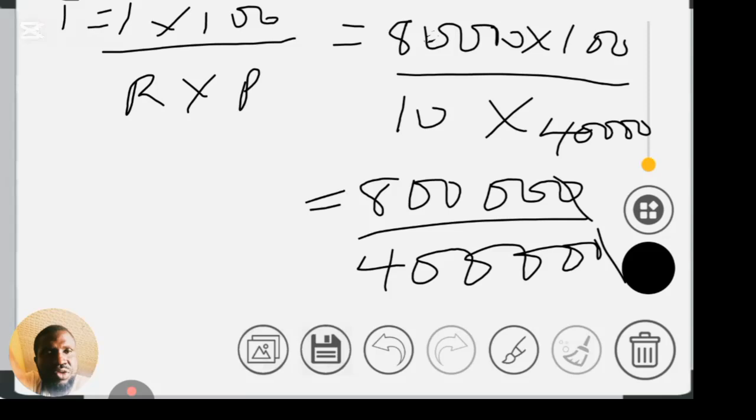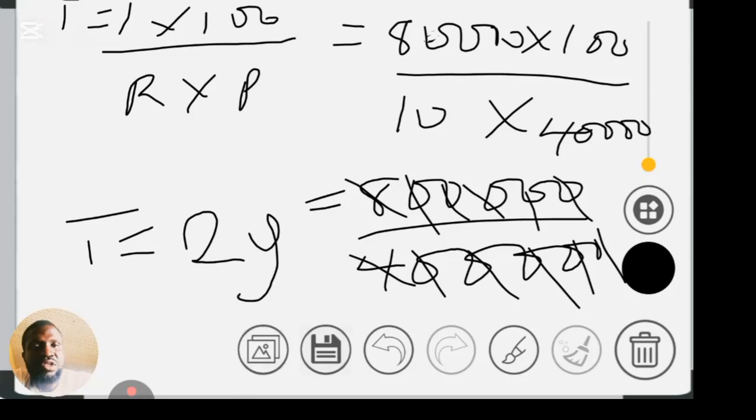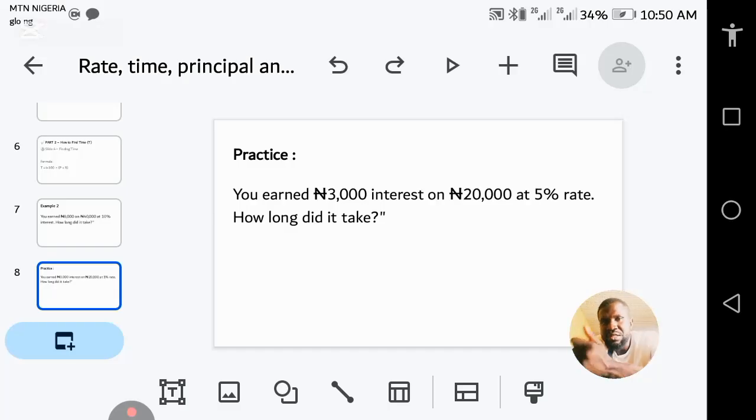Let's cancel. 0 cancel 0, 0 cancel 0, 0 cancel 0, 0 cancel 0, 0 cancel 0. We have 8 and 4. 4 goes into 8. We have what? 2. So our answer is equal to 2 years. You can practice this one. Don't forget to put your answer in the comment section below.